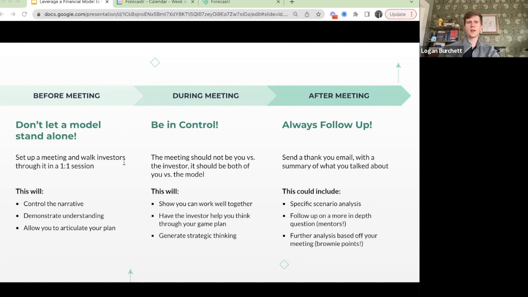These meetings are a working session where you and the investor are working together and using the model as a tool to analyze what's realistic about your business. So conceptually, think about it as me and the investor versus the model, not me and the model versus the investor, right? We're looking at what the future of the company is.